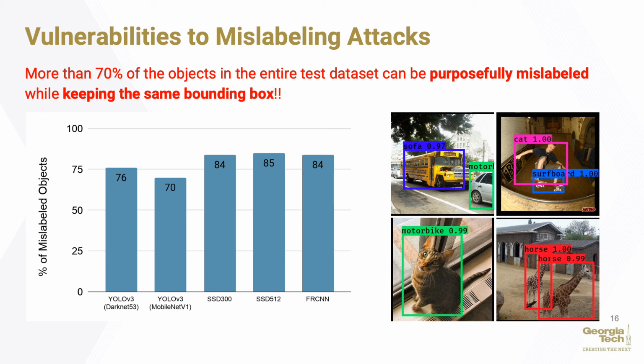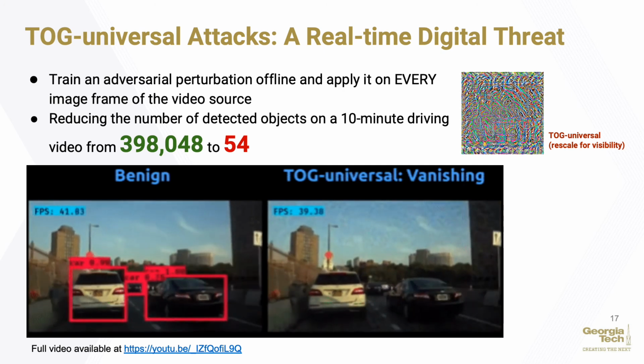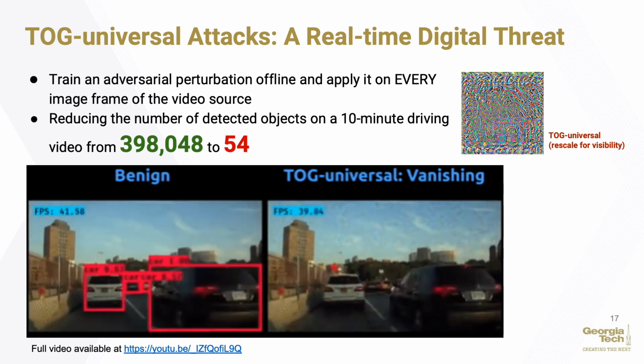Just like the example images on this slide, the cat becomes a motorbike with 99% confidence and a correct bounding box.